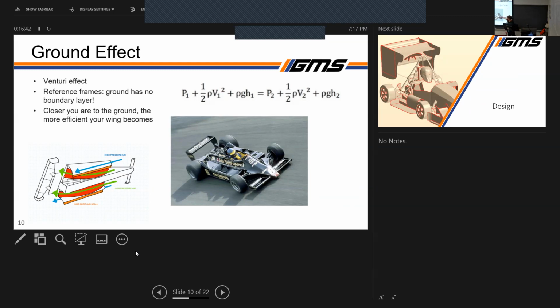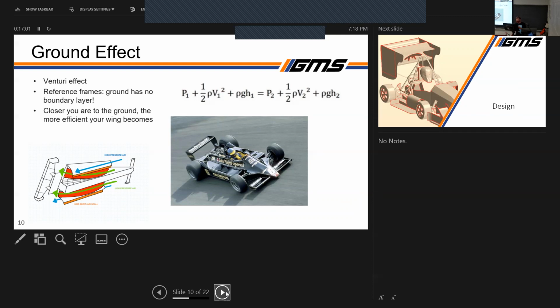So the air ends up getting pushed under here at a high speed. High speed equals low pressure. So you generate a massive low pressure region under this thing, and the high pressure above tends to suck the car down quite dramatically. So that's a basic overview of ground effects.